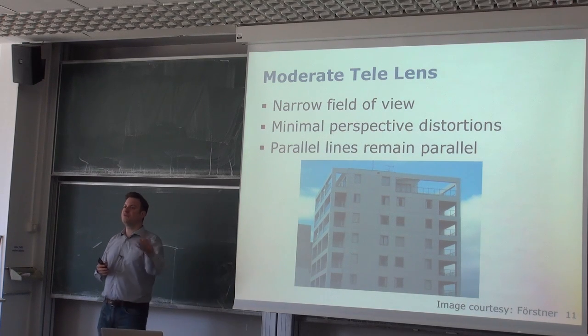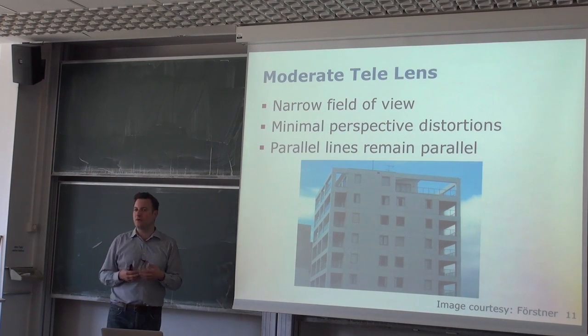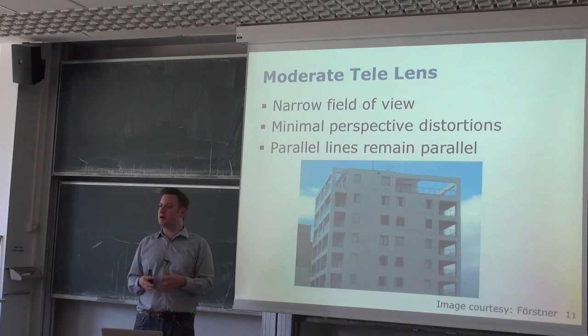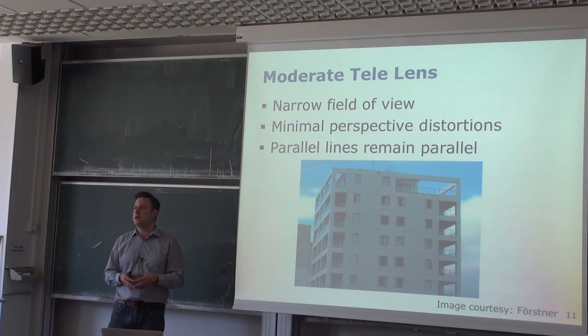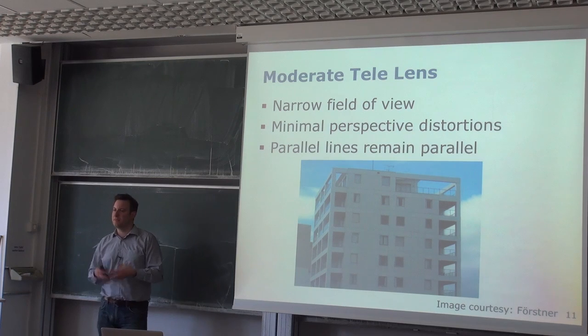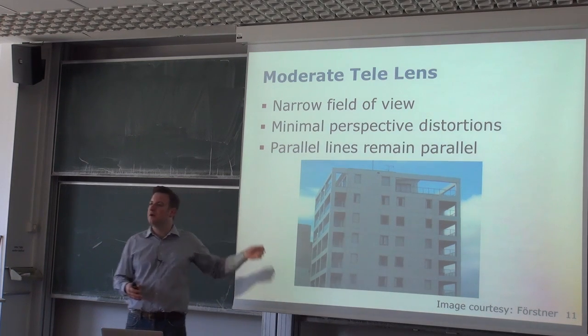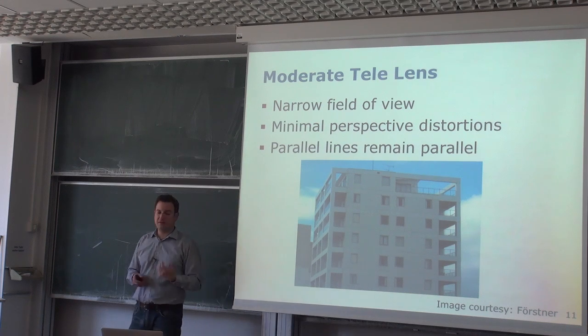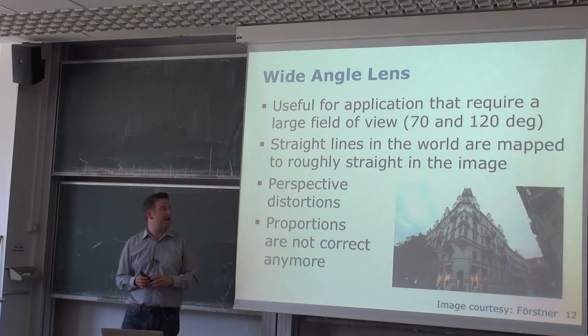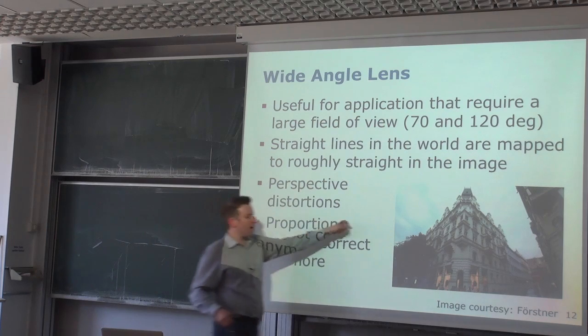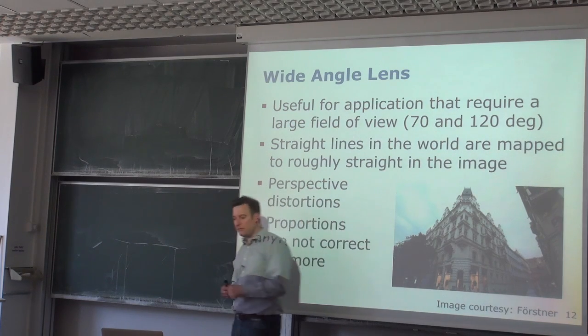But of course, if the object is very close to our camera, and the object is potentially large, or I want to cover a comparably large scene with my image or need a large field of view, then we need a different lens. If you look at a wide angle lens, this is a typical picture from a wide angle lens over here.